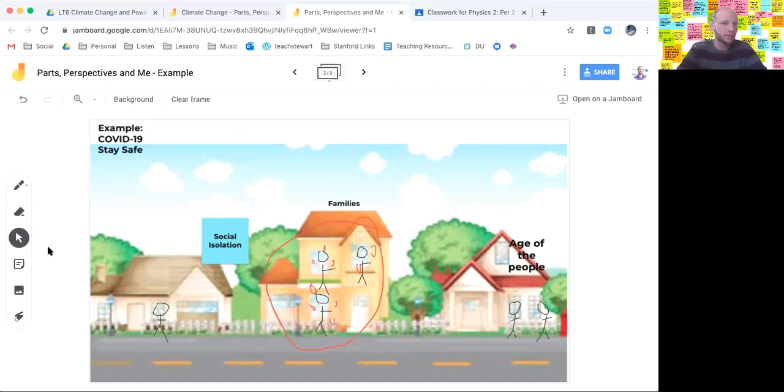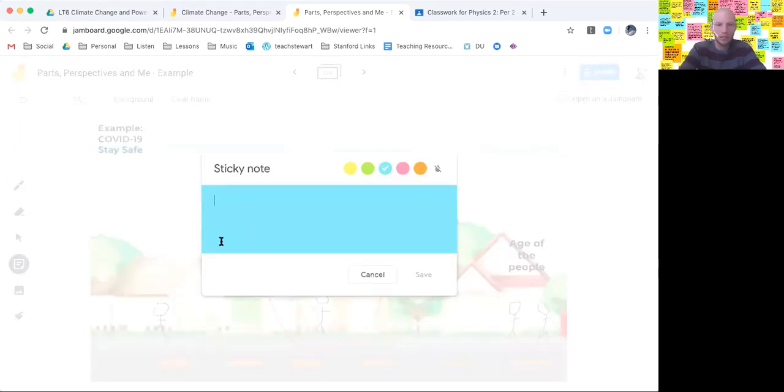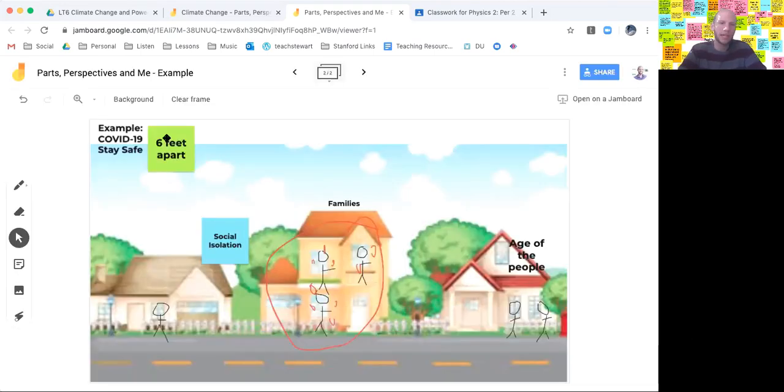Another part of this pandemic is, let's do 6 feet apart, because I know even if we are trying to socially isolate, sometimes we do have to go out, and when we go out, we have to stay 6 feet apart. So with that, I know that this boundary here only reaches about 6 feet.